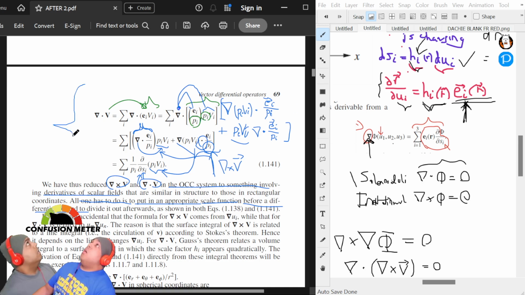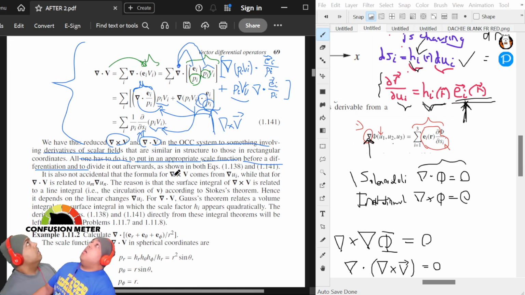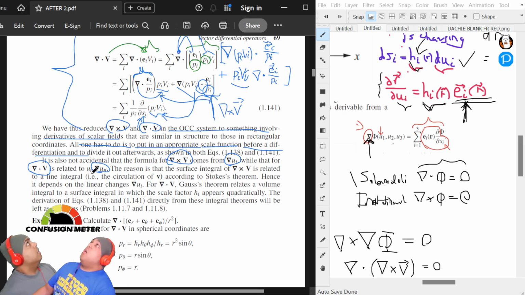Yeah, basically derivations. It is also not accidental that the formula for the curl comes from the gradient of a coordinate, while that for the divergence is related to the product of a coordinate and the gradient of a coordinate.